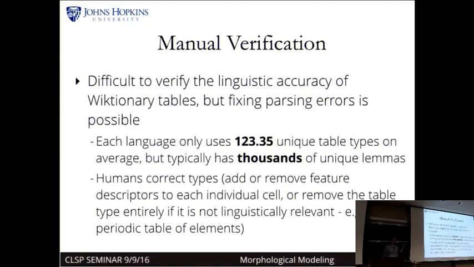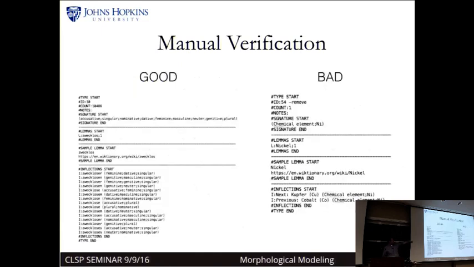For example, a lot of languages include the periodic table of elements, which, while possibly interesting, is not really an inflectional paradigm table. So that's what you see on the right there, and there's a little remove on it. Think of nuclei as stems and electrons inflect something to get an ion.